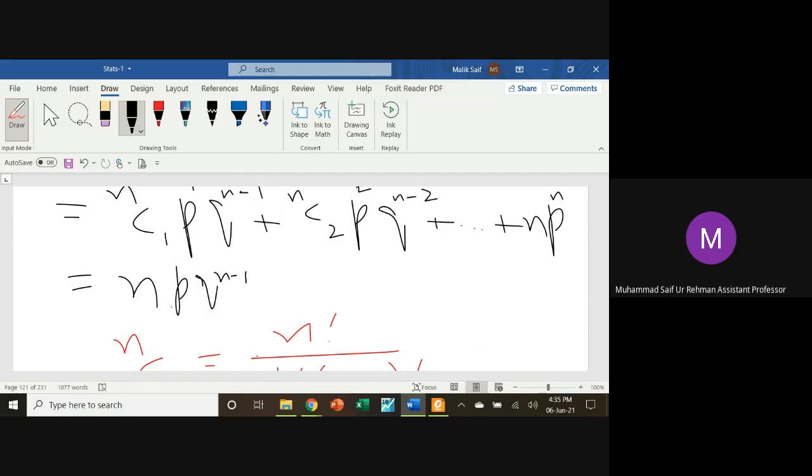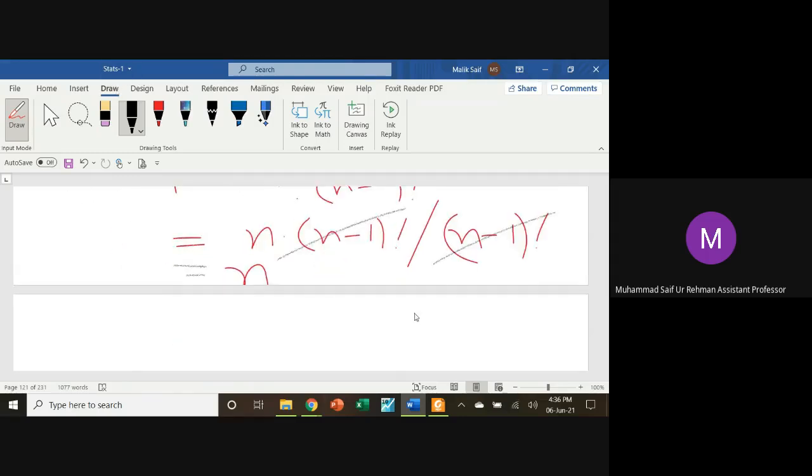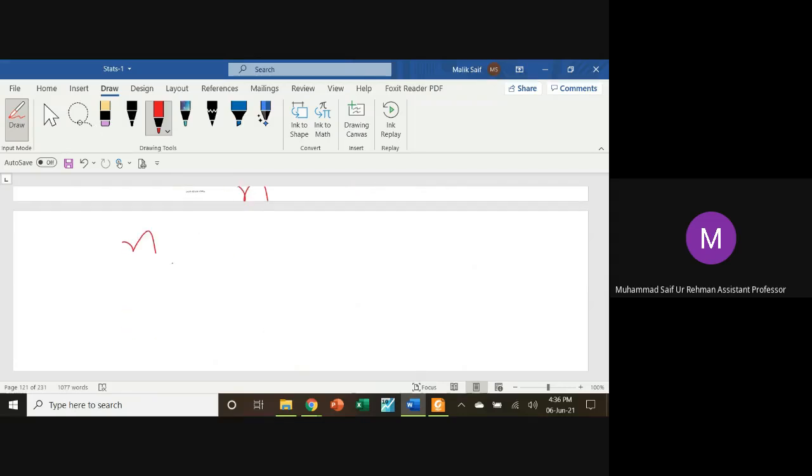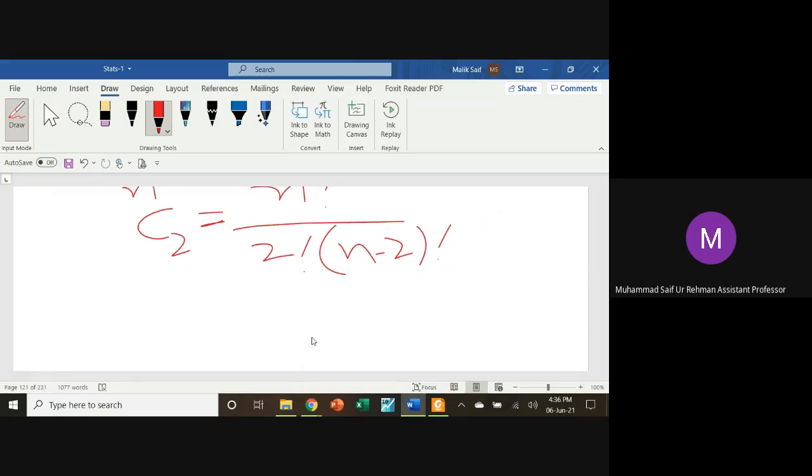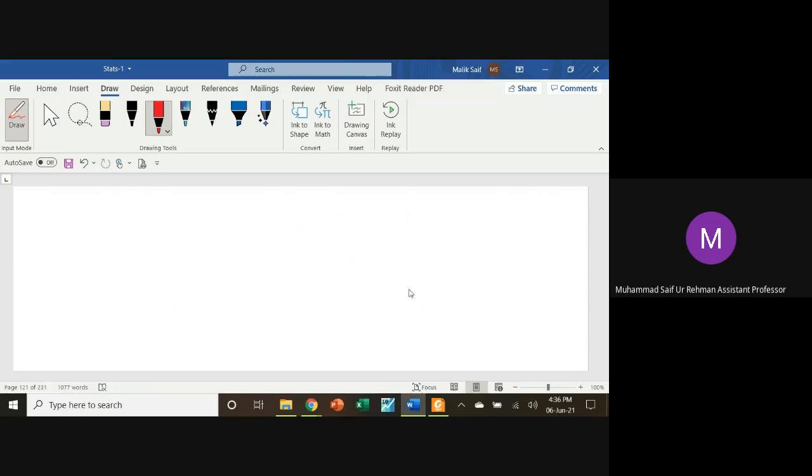Now nC2. What is nC2? When you open it, what will be the answer? nC2 will equal n factorial divided by 2 factorial into n minus 2 factorial. Right? And then you may open it and see another thing is there, but that will be seen later on.